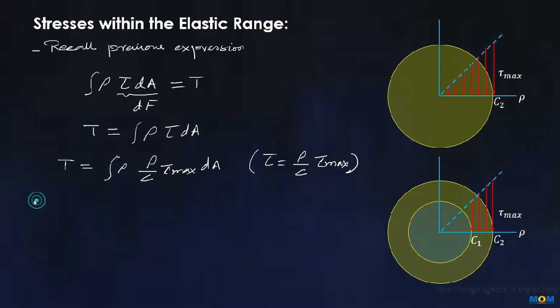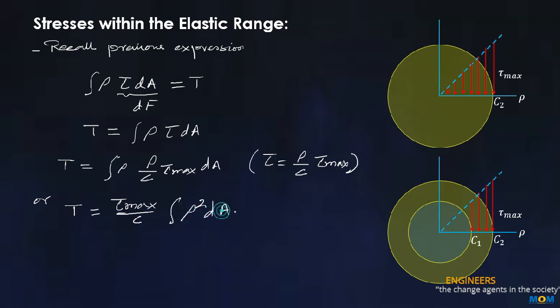Or we can write T is equal to tau max upon C times the integral of rho square dA, whereas this integral of rho square dA is J, the polar moment of inertia.